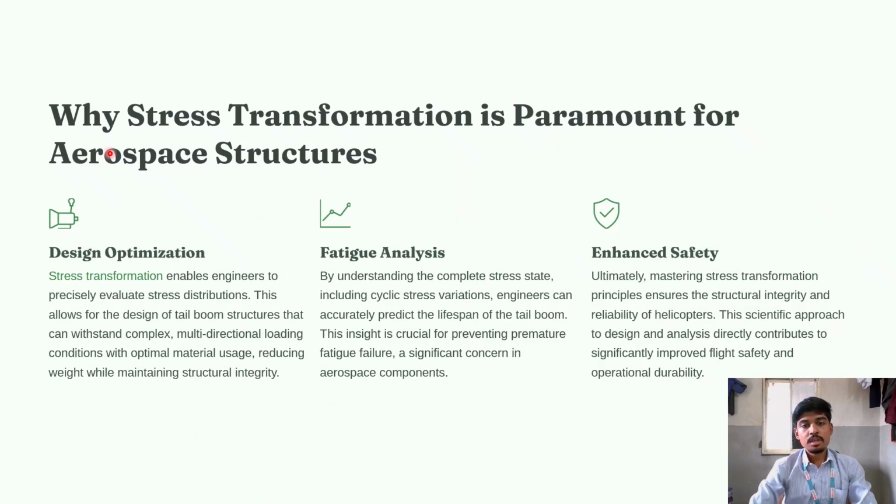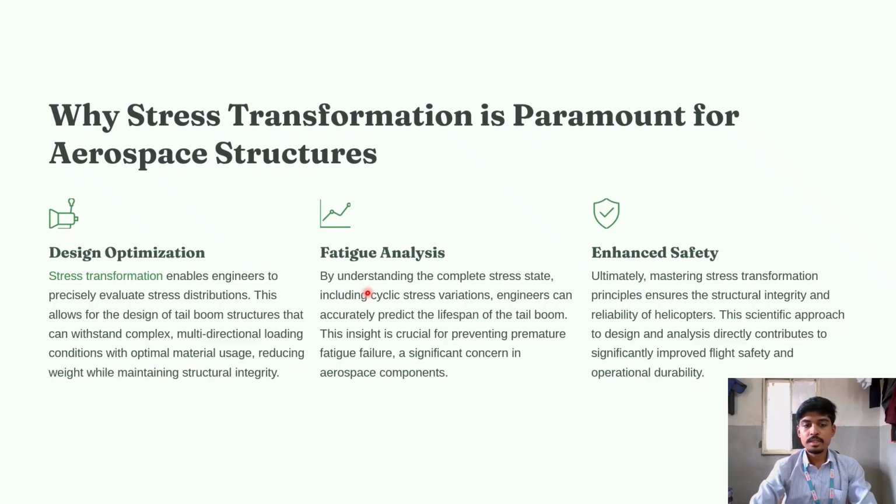So, why is stress transformation paramount for aerospace structures? First, design optimization. In design optimization, stress transformation enables engineers to precisely evaluate stress distribution. This allows for the design of tail boom structures that can withstand complex multidirectional loading under different conditions with optimal material usage.